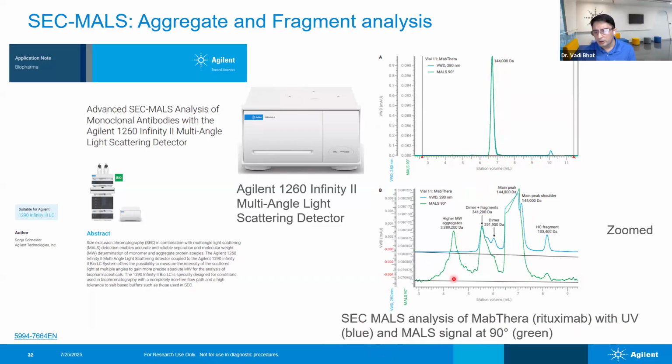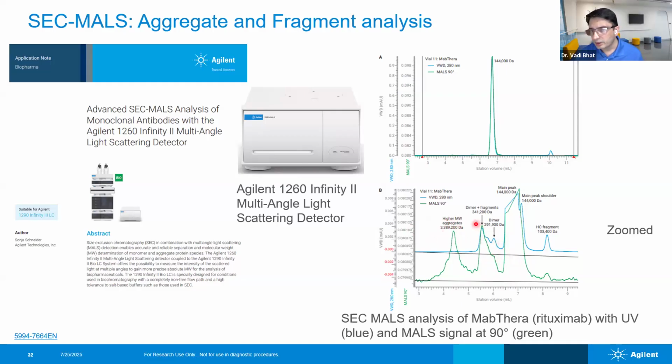If I zoom in, this is what you can see. In the green trace, you can see a lot more information compared to the blue trace in this combined UV and multi-angle detector, right? Essentially, really high molecular weight aggregates will be missed in the UV, so if you want complete information, you have to go for a combination of detectors.